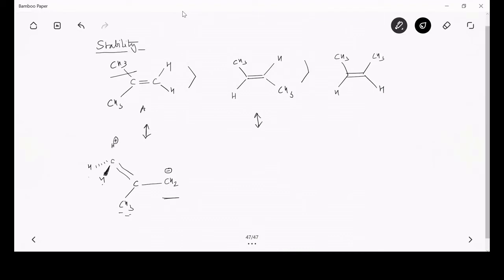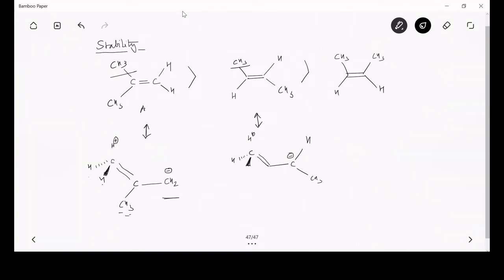Let me draw the resonating structure for this one. Let me think about this methyl group first. We will get something like this. H and H plus, double bond here, single bond here, C, H, CH3, negative charge here.